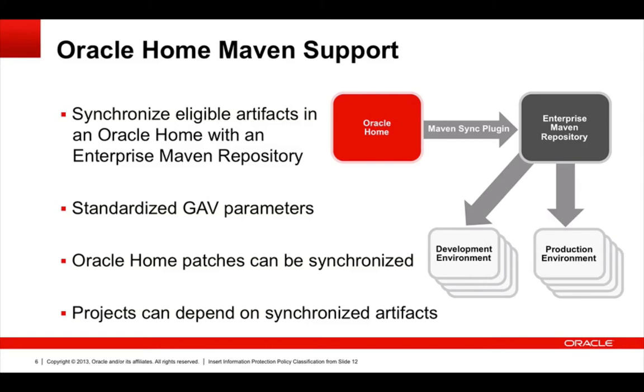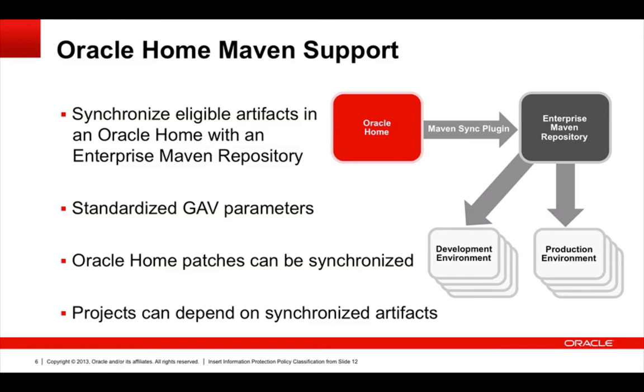So the Maven Sync plugin understands an Oracle home structure, and it also understands some information in that Oracle home that allows it to determine each of the artifacts that are eligible, where they live in that file system, and what GAV parameters should be used to upload those to an Enterprise Maven repository.